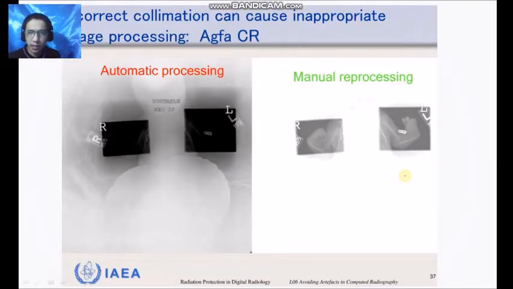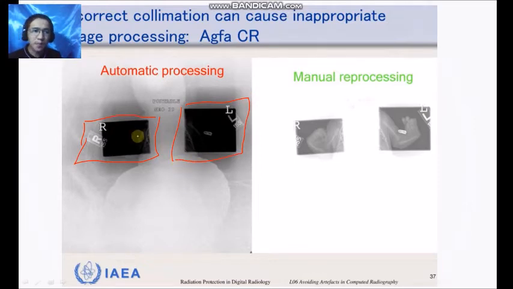Okay. So another, we have also part of the exposure recognition error. Okay, so in automatic processing, like for example, this is digital radiography. You have double exposure, or you took two exposures in one imaging plate.